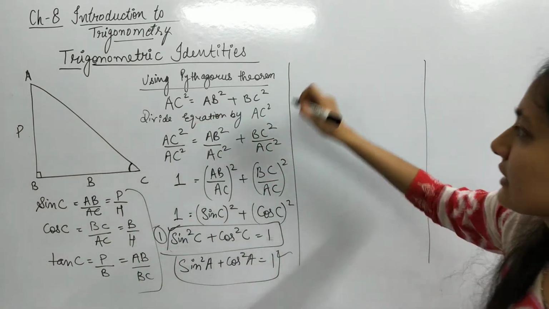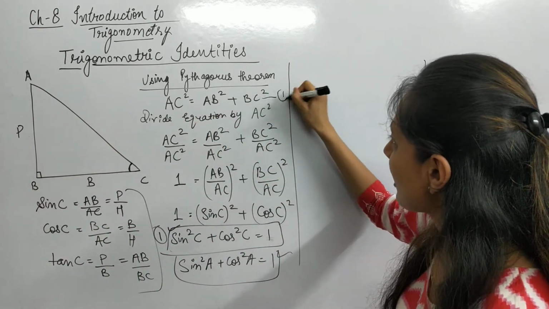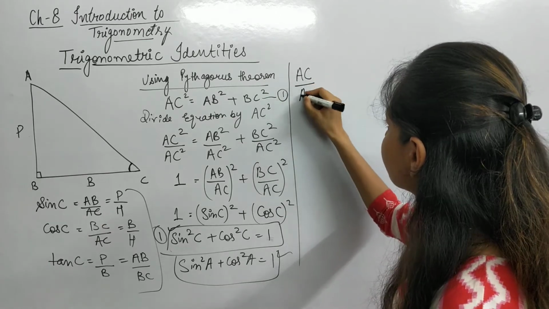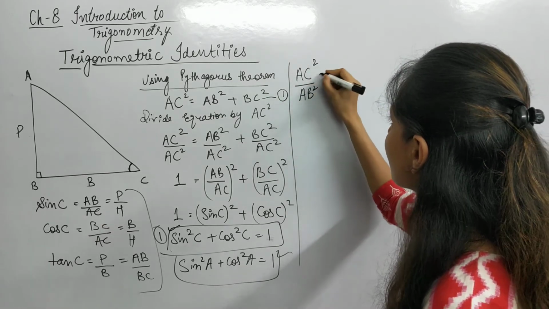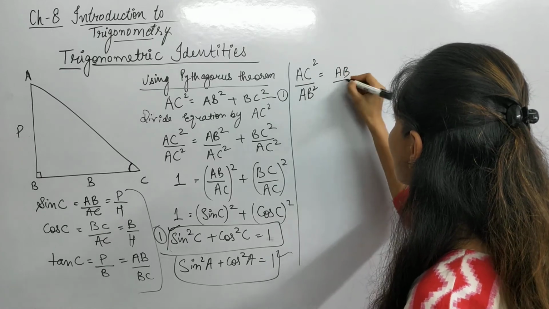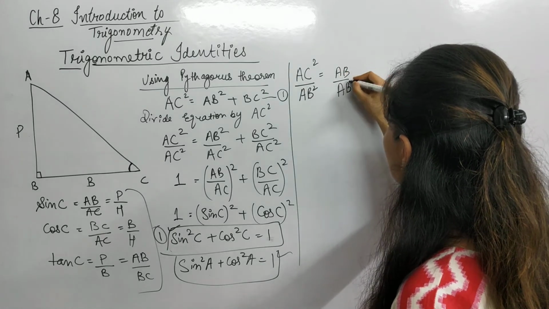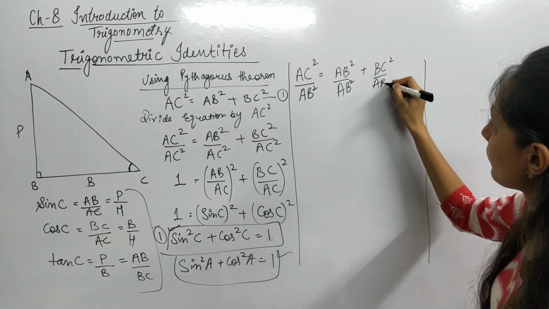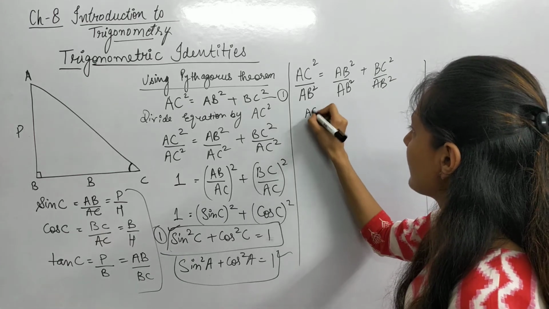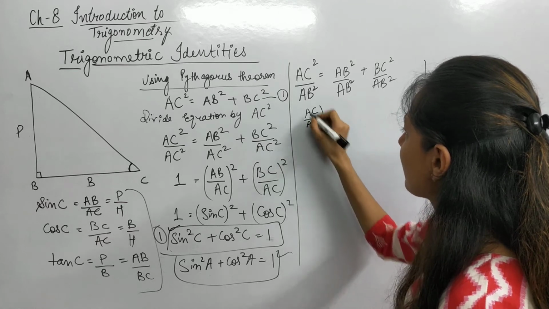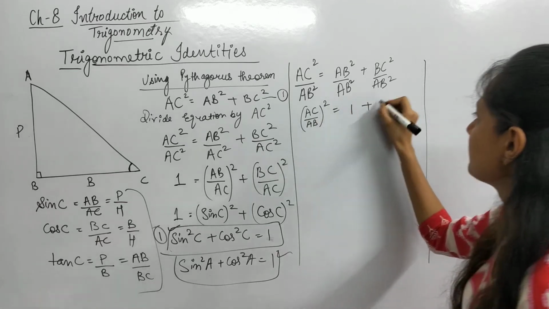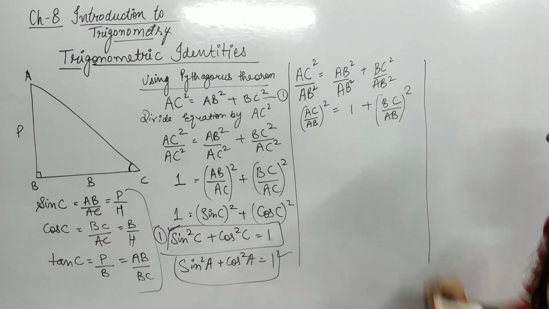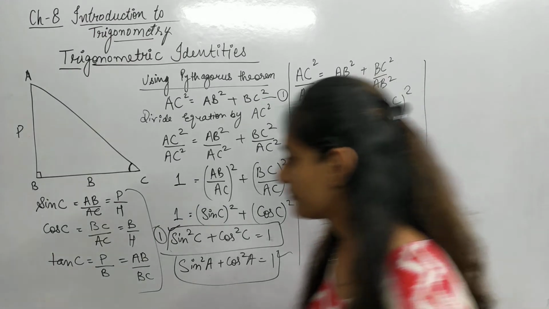Similarly, taking this equation, name this as 1. Divide this whole equation by AB square. If we divide this by AB square, what you get? AC upon AB whole square is equal to 1 plus BC upon AB whole square. What is AC upon AB?